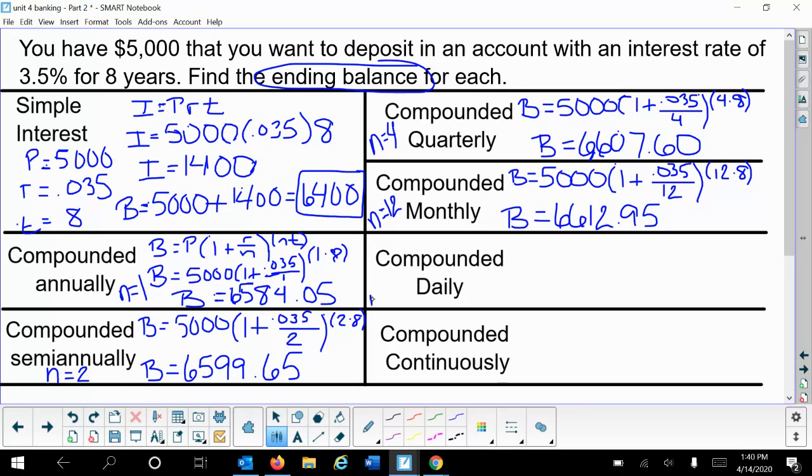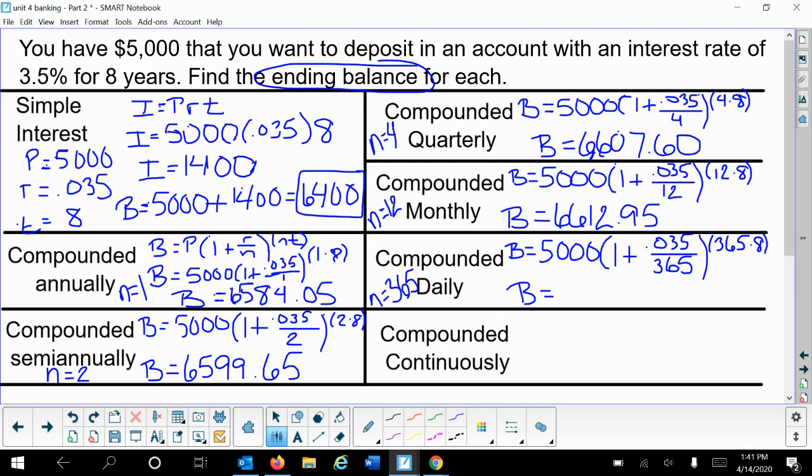Then I have compounded daily. This is every single day, and so that is going to be 365 times. So n is 365. And so I'm going to set up my formula for compound interest. And n is 365 in this case.